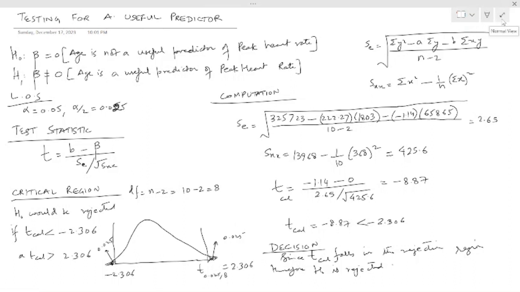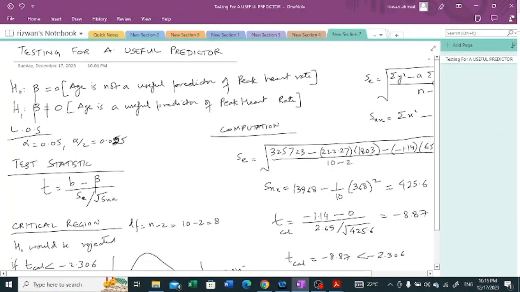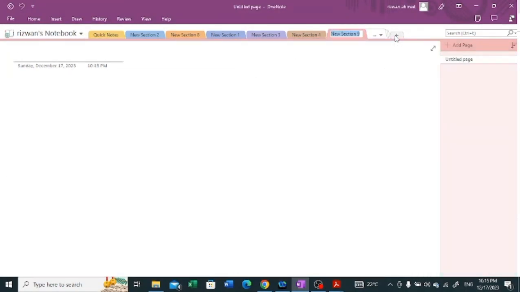Okay. We can now move to the hypothesis testing of the coefficient of correlation. Coefficient of correlation we denote as R, and its corresponding population parameter is rho. So, testing for correlation coefficient.